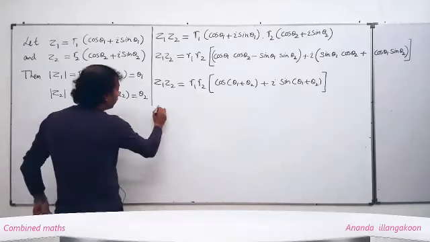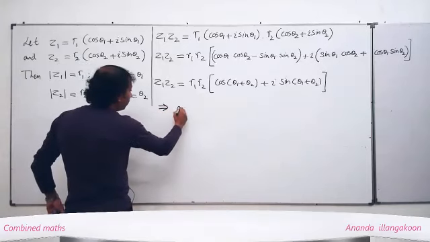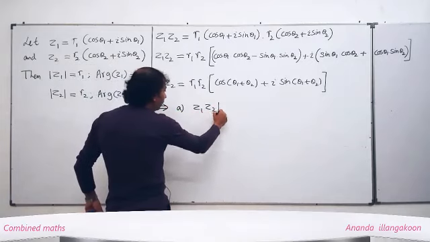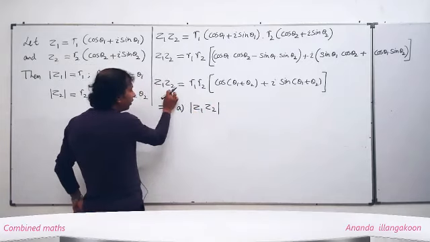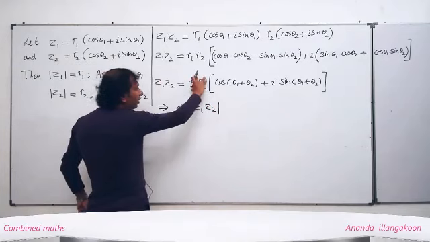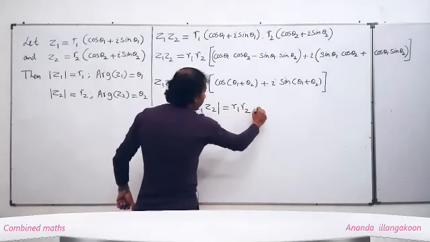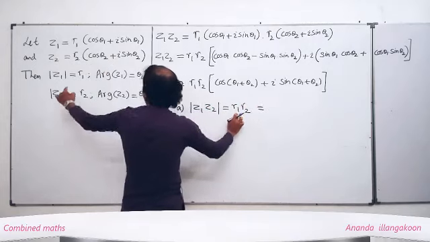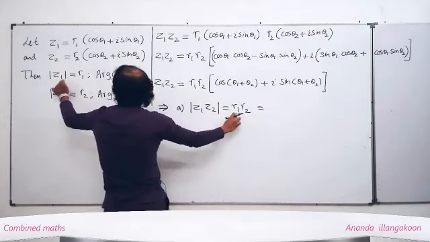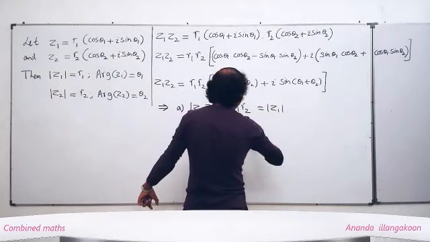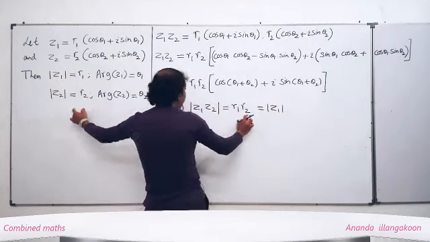Part A: the modulus of Z1 Z2 is R1 R2, and R1 is the mod of Z1 and R2 is the mod of Z2.